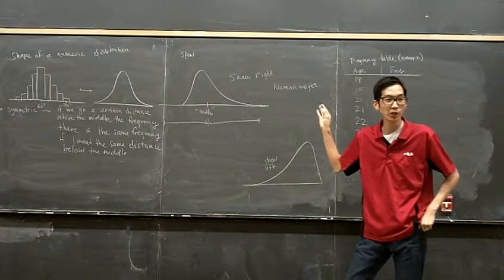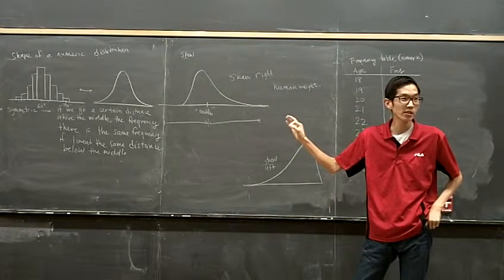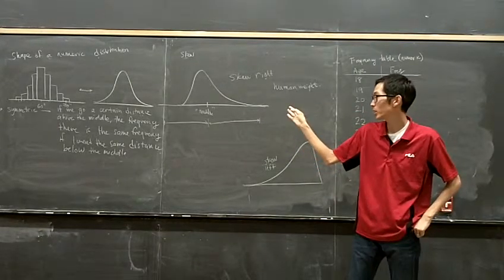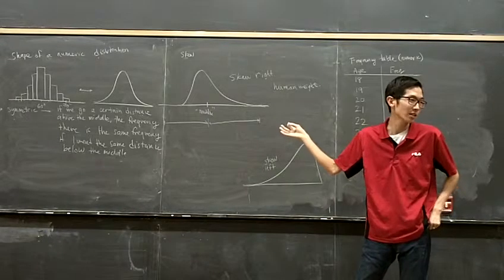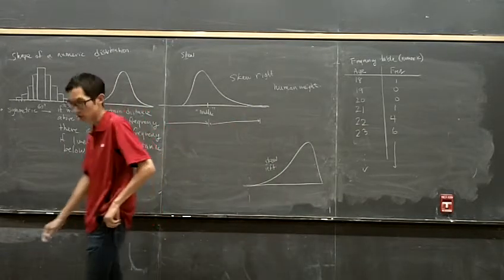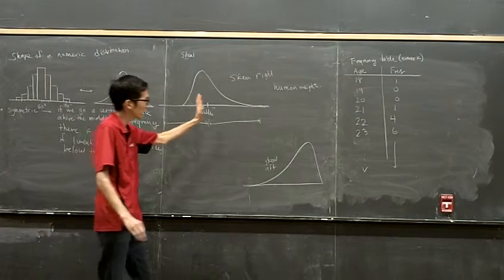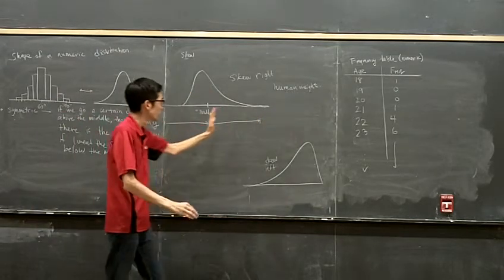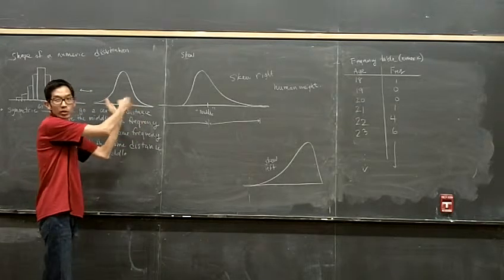If I go 180 pounds below average, that takes me to 0 pounds. Are there any adult men in the United States that weigh 0 pounds? No, it's impossible. Nobody can exist and weigh 0 pounds. So that is something that's skewed right. You have some people who are way out here, and if you want that same distance over here, nobody exists.